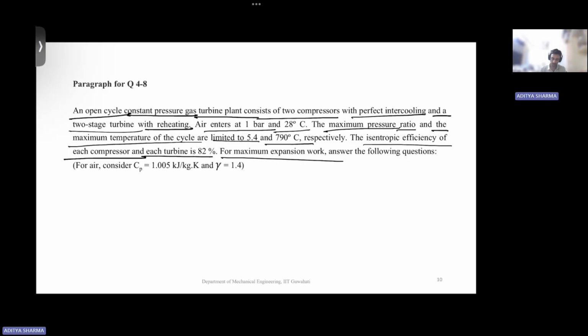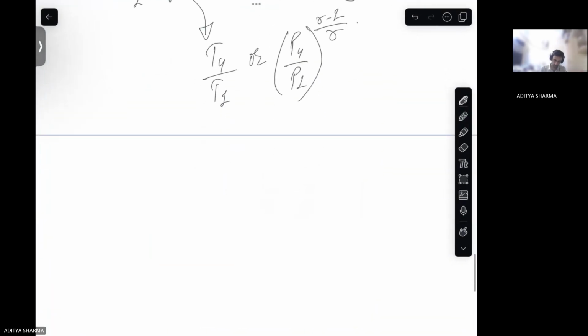For maximum expansion work, answer the following questions. Okay. Question number 4 to 8.